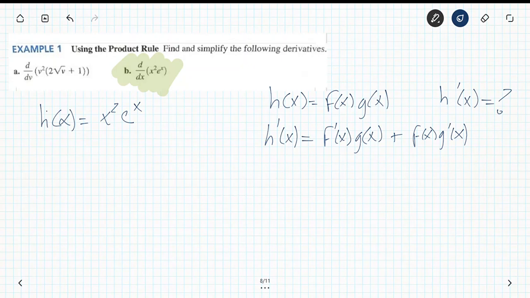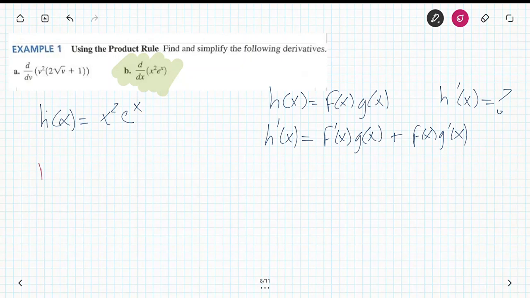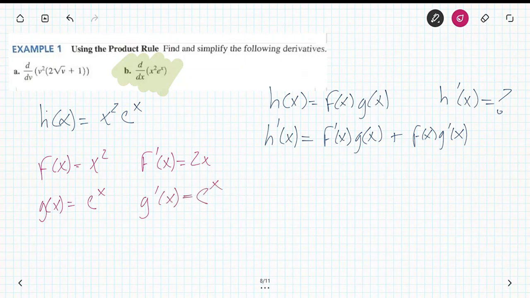Okay, so let's break this into parts. The first part we know is that f of x here, we're going to take as x squared, and g of x, we're going to take as e to the x. So f prime is going to be 2x, and g prime of x is going to be e to the x.